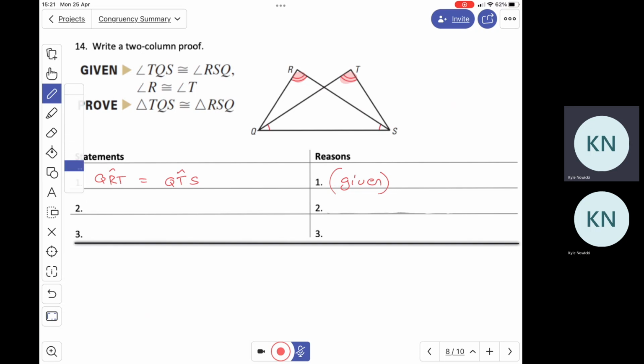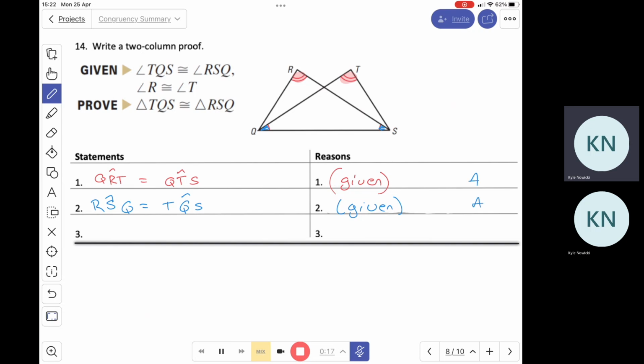The second one is this little angle down here, right? So I know that in this case, let's go with RSQ must be the same as TQS. And once again, that has been given to me, right? Now we need to say, okay, I've got an angle and I've got an angle.